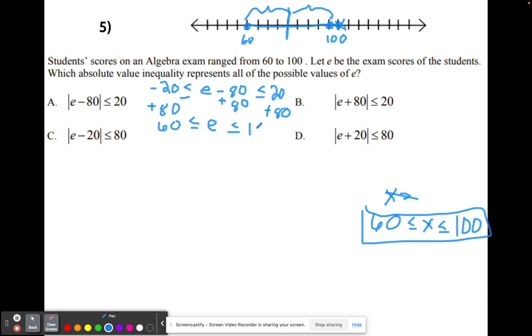So that works. And sometimes solving them and comparing to what you know is the easiest way to look at these. What if I had solved this one instead? I would have had negative 80 less than or equal to e minus 20, less than or equal to positive 80.